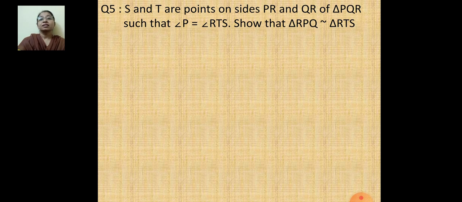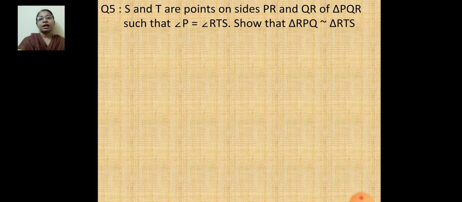Now next, here the diagram is not given. You have to draw its diagram. S and T are points on sides PR and QR of triangle PQR. Okay. So I want you to draw this diagram. Before watching this video, especially a maths video, you should be ready with pen and paper.